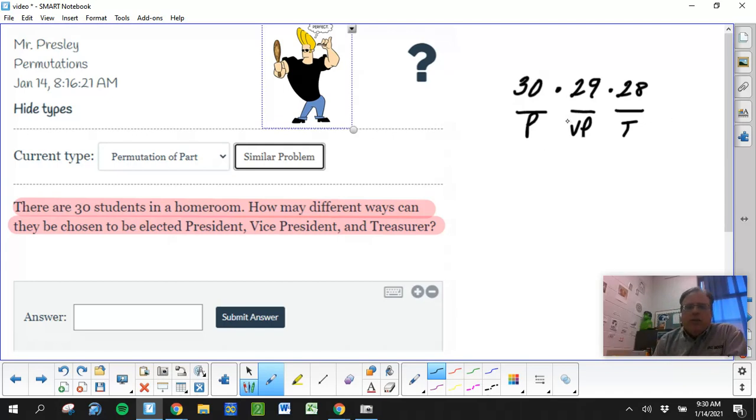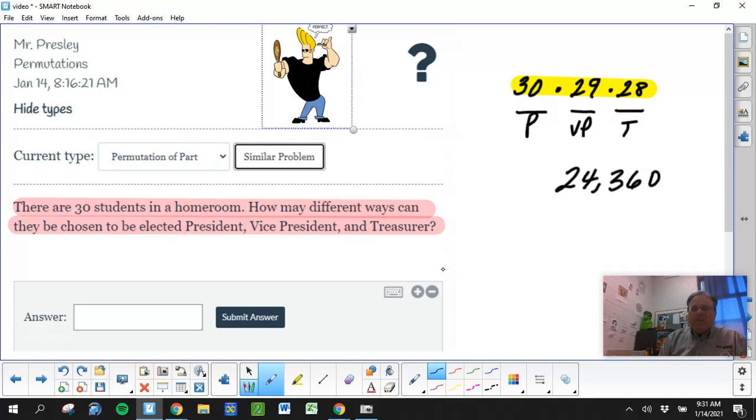All right. And so really what I'm looking at then is a very simple math problem. I'm multiplying to see how many different ways I could do this. So if I multiply 30 times 29 times 28, I get a giant number, 24,360 different ways.